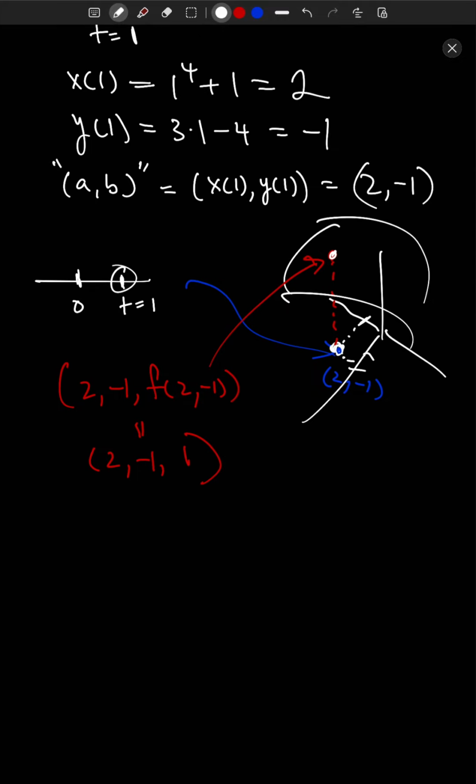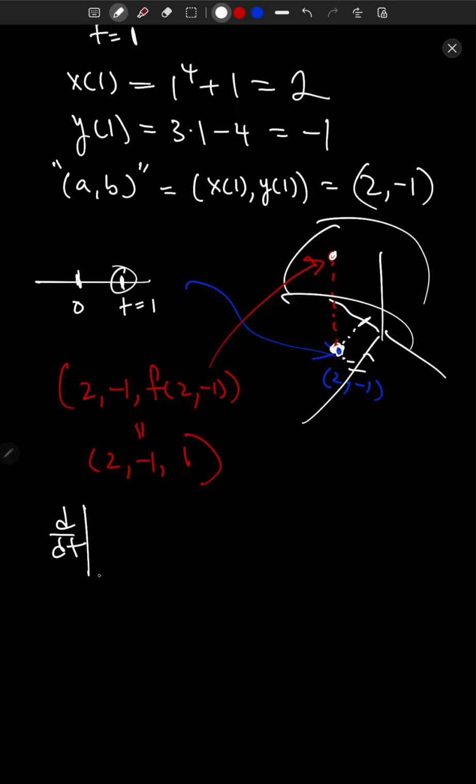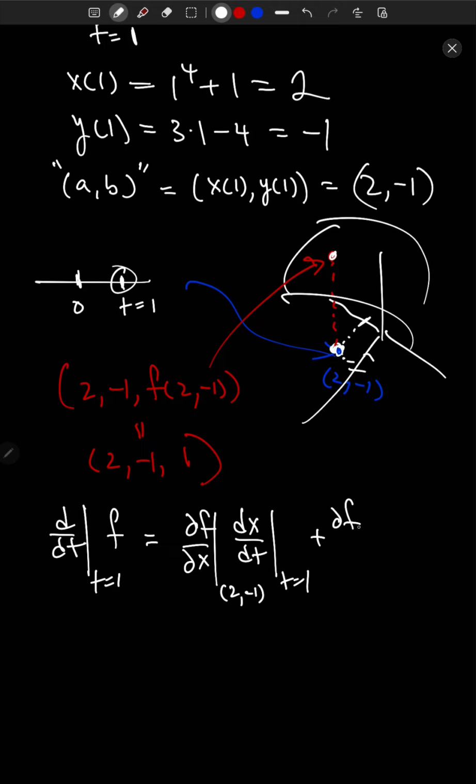So d/dt at t equals 1, f is equal to partial f partial x at 2 comma minus 1 times dx/dt at t equals 1, plus df/dy at 2 comma minus 1 times dy/dt at t equals 1.